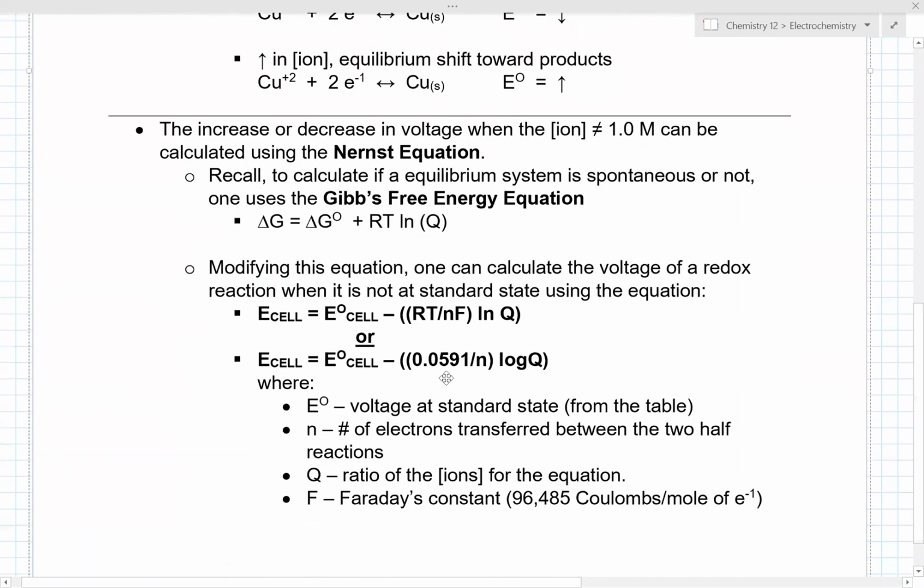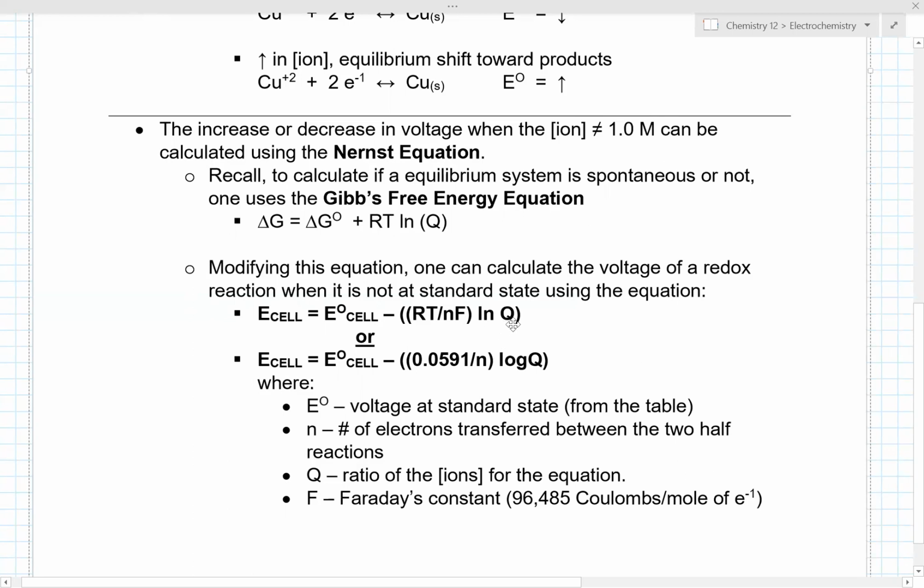So if it's not at standard state, we can calculate the voltage of the cell if we take the E naught minus RT, where R is the universal gas constant and T is the temperature in kelvins, divided by n, the number of electrons transferred, and F, Faraday's constant, times the natural log of Q. What is Q?